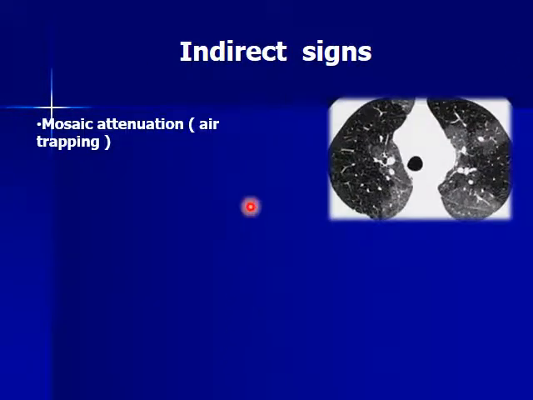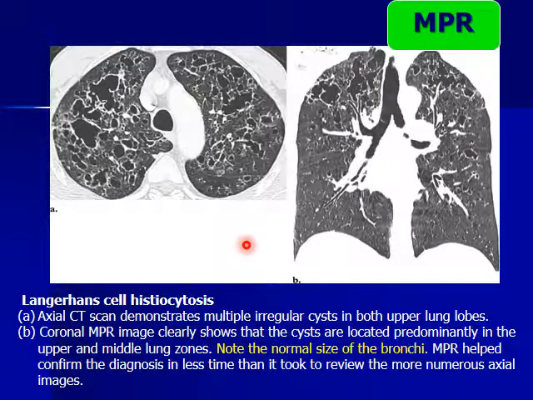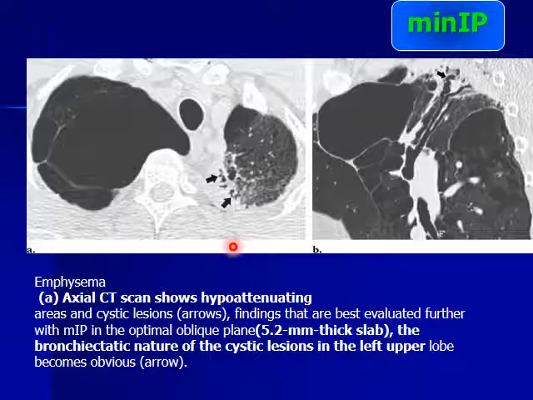Also, from the other signs, mosaic attenuation due to air trapping, bronchial artery hyperplasia, and of course, MPR is important to show the continuation or the connection between the lumina of multiple cysts, such as in this axial image. It means that it is a tubular structure.